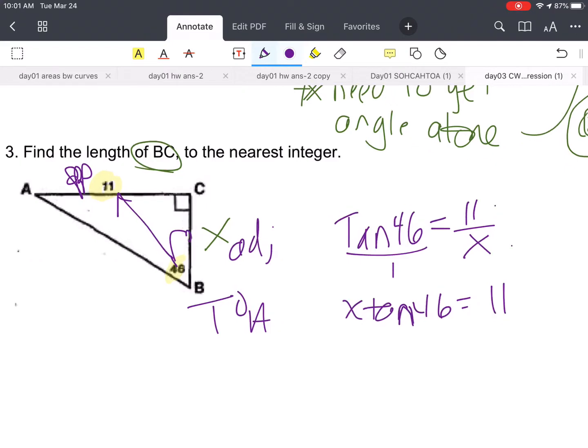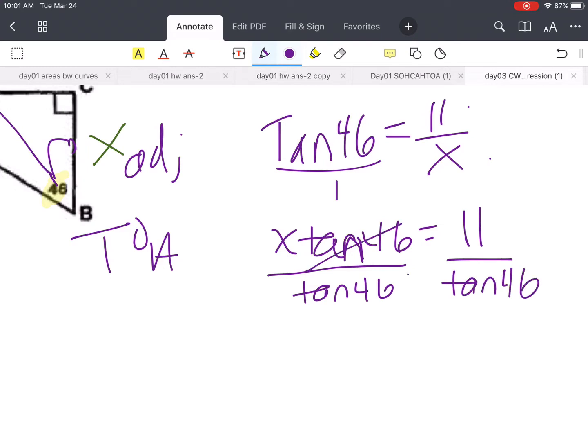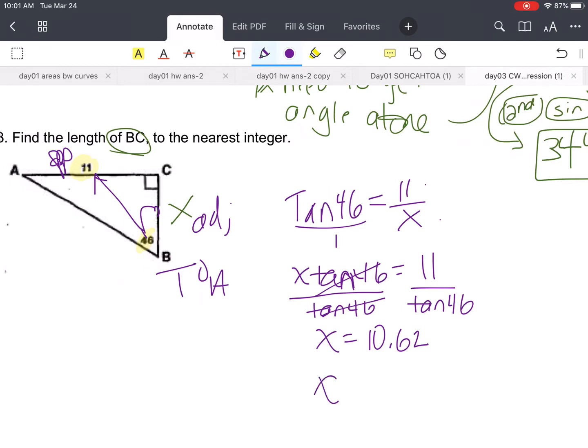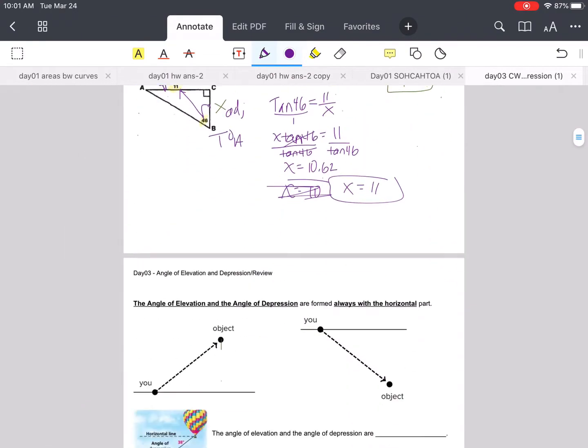So then you got to get x by itself, so you divide both sides by tan of 46, and you get x equals 11 over the tan of 46, and that is 10.62, which when they say to the nearest integer, that is 10. Oh, I was kidding. That is 11. Okay, so let's move on.